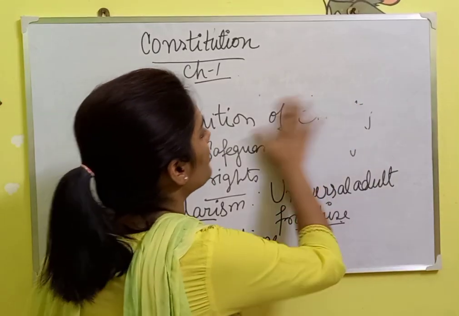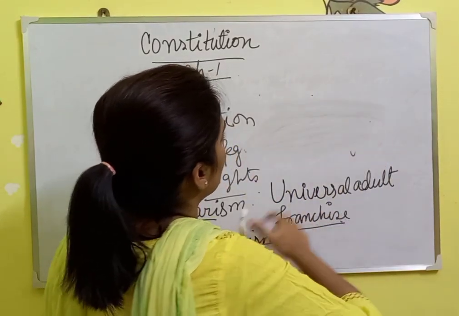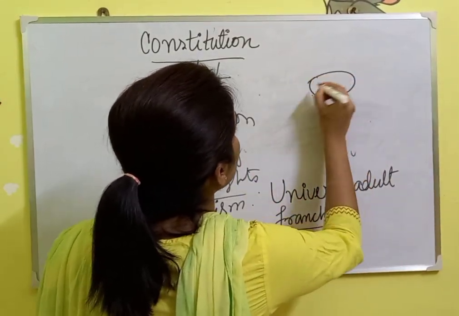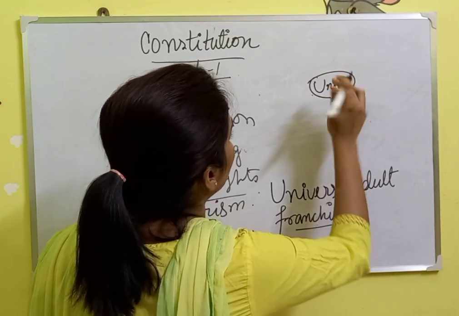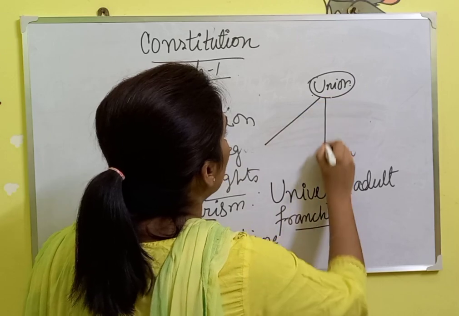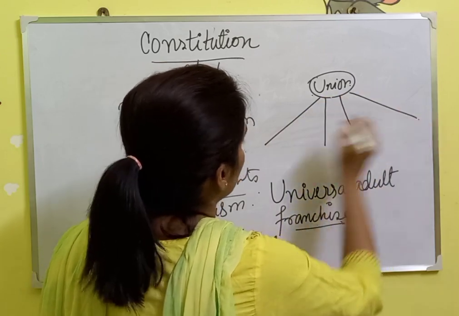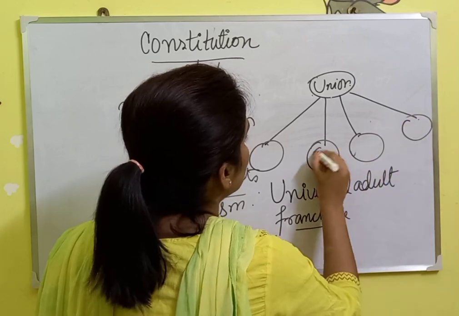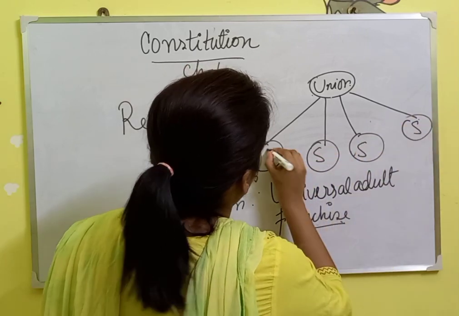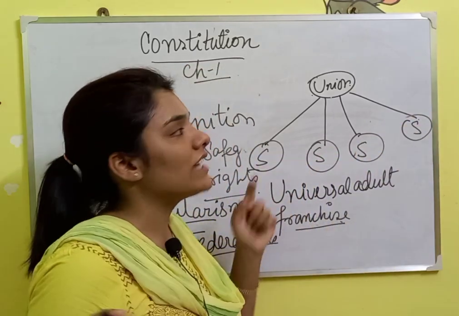Okay, wait, I'm showing you. See, this is a union government. Okay, it's at the center. Okay, and these are the state governments. Okay, each state has its own government. These are the states, and each state has their own government.